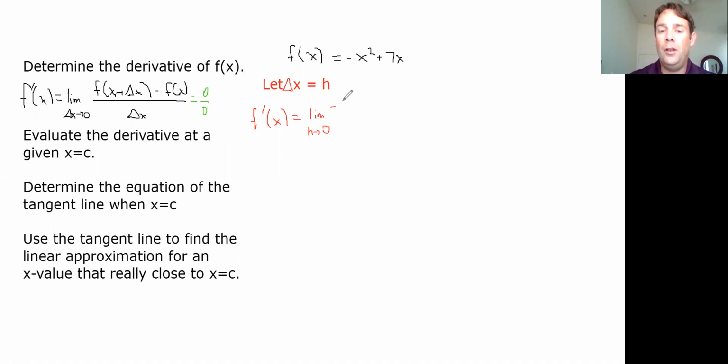So any place I see an x, I'm going to plug in x plus h, or x plus delta x. And then I'm going to subtract f of x. I'm going to put it all over h. So in that first function, every place I see an x, I'm going to plug in x plus h, or x plus delta x, if you're still using delta x. Again, it's just easier for me to clarify.